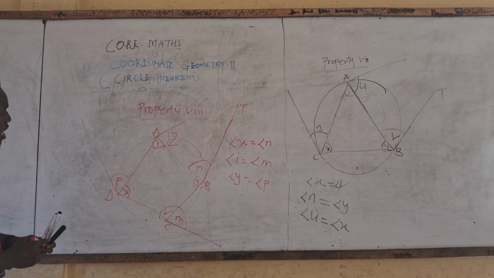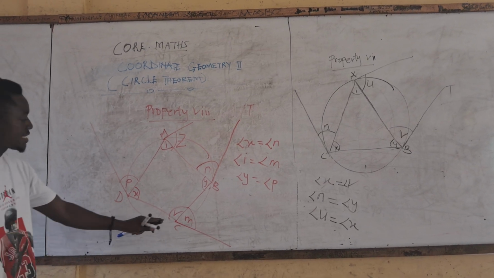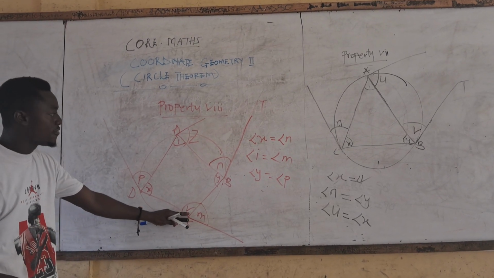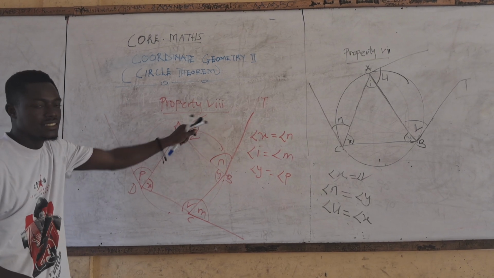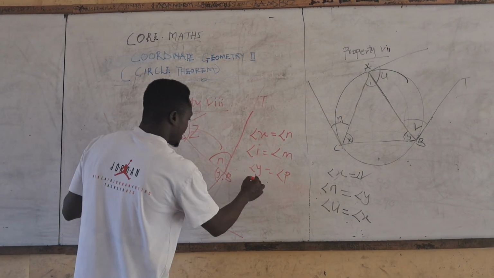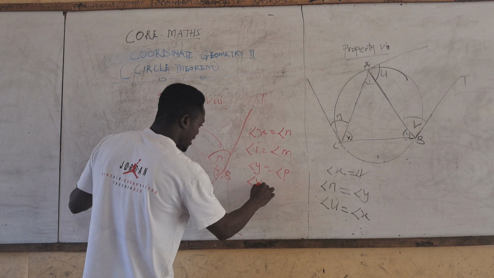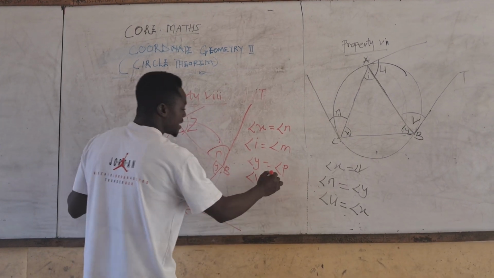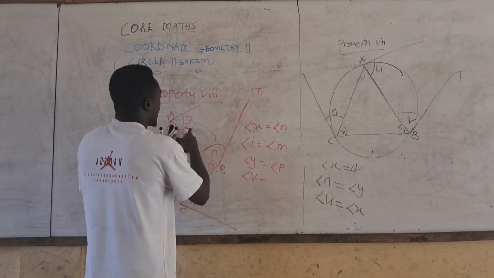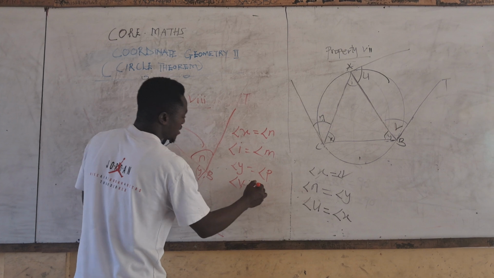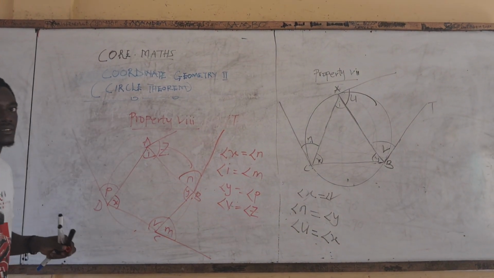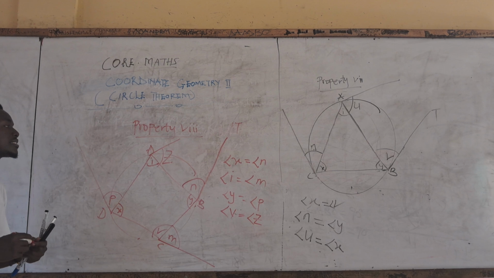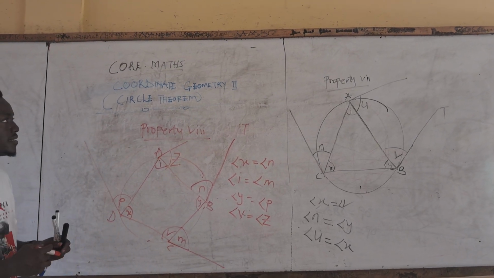Then we can also say that the interior angle V is opposite to the exterior angle Z. So the angle V here is equal to the opposite exterior angle, which is angle Z. So that's all about this property.